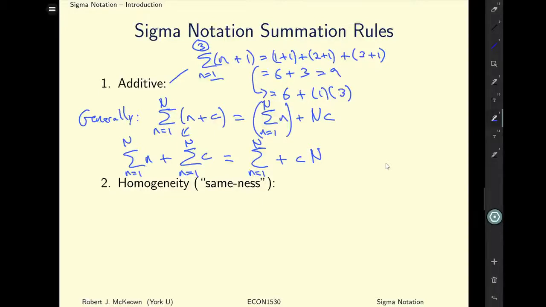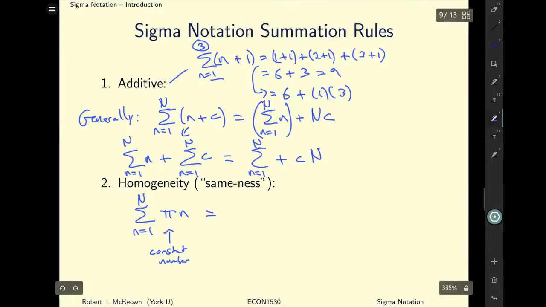And it's very easy to demonstrate if I've got something like the sum, and I'll just do it abstractly here. Okay. And maybe I've got, well, let's use pi, right? Pi, you all know what pi is, and pi is a constant number. And say it's multiplied by n, well, I could just factor out, or bring out the pi. That sounds kind of tasty.